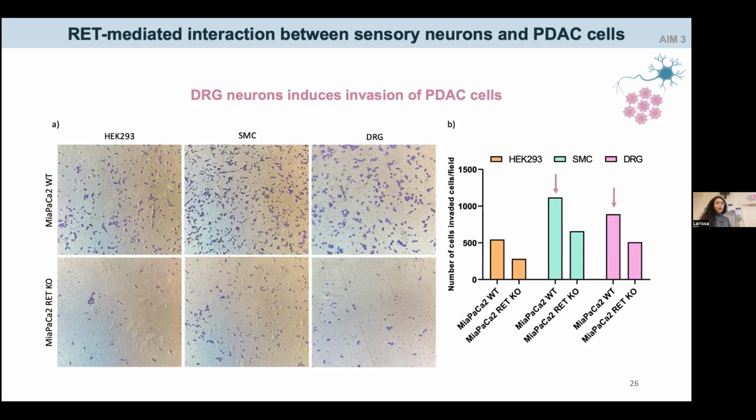And interestingly, we saw that MIA-PaCa cells displayed higher invasion rates towards DRG neurons and SMC cells when compared to the HEKs. These findings suggest that DRG neurons may have a stimulating role in the invasion of pancreatic cancer cells, likely due to the secretion of chemoattractant molecules.